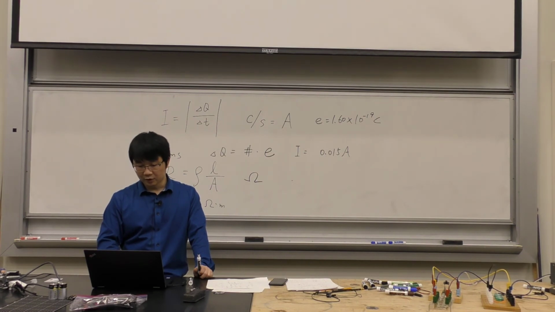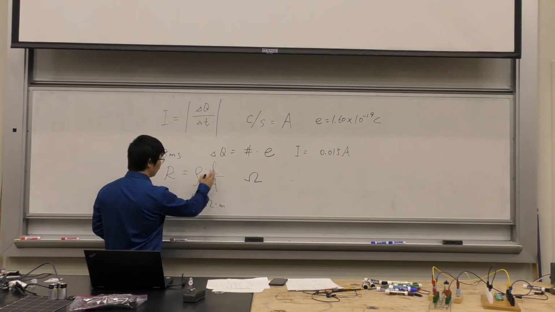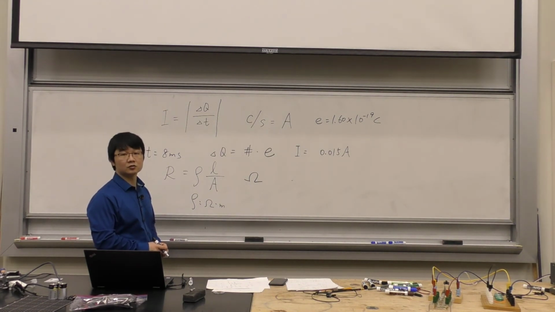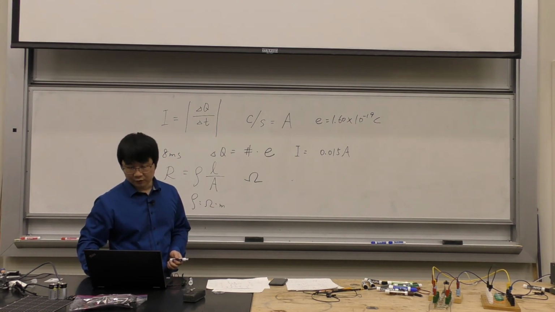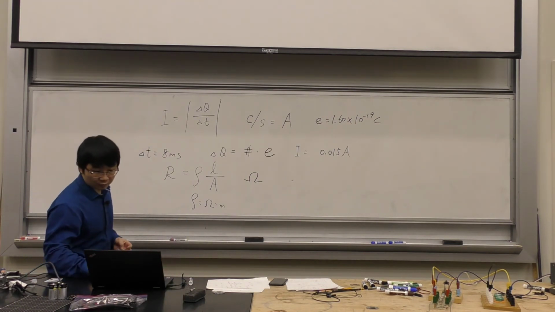In order to find the resistance, I'm going to need rho, L, and A. L is given, converted to SI units. A is going to be pi r squared, since it's a circle. For rho, let's look up the resistivity of carbon. Carbon is here. You can take a look at the table on slide 5.